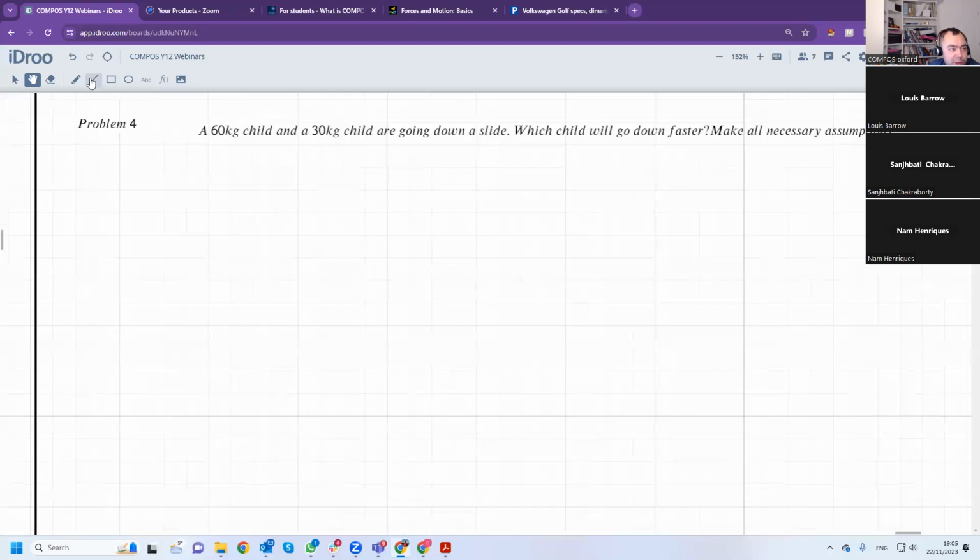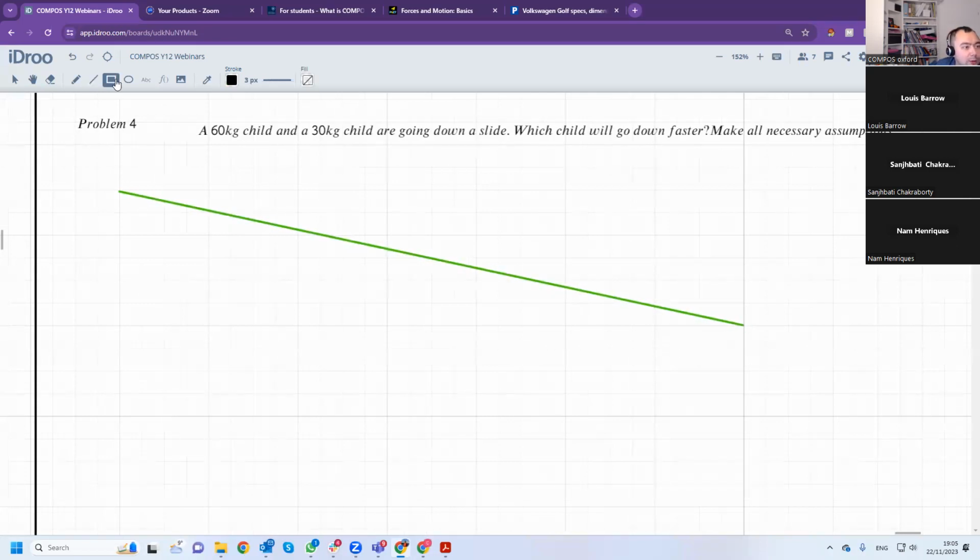So, two children going down a slide. Let's see. This is a child of mass m.